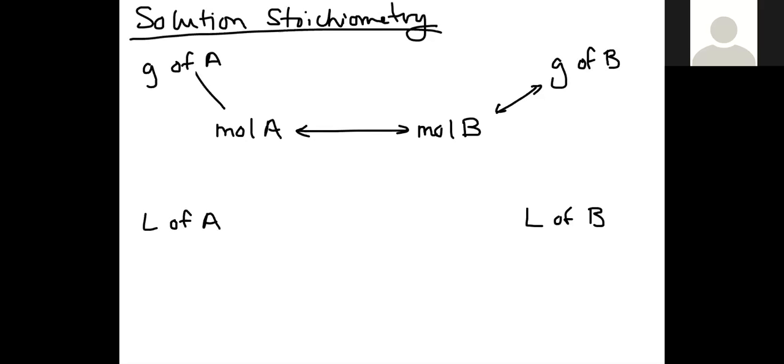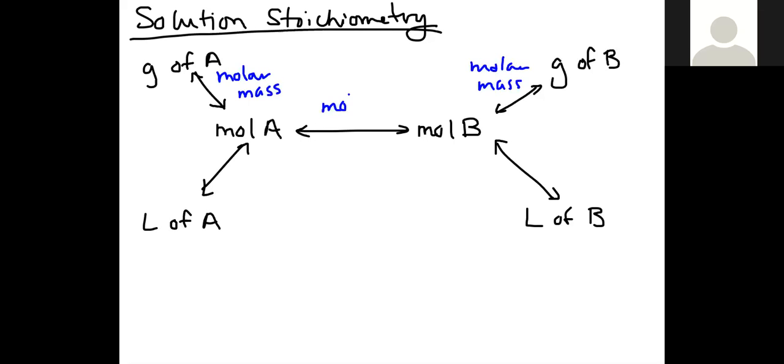So you can use this for almost any stoichiometry problem as long as you just have it go to different units. So for grams of A, we use molar mass. We know we use molar mass for our grams. And we use our molar ratio to get from moles of A to moles of B.